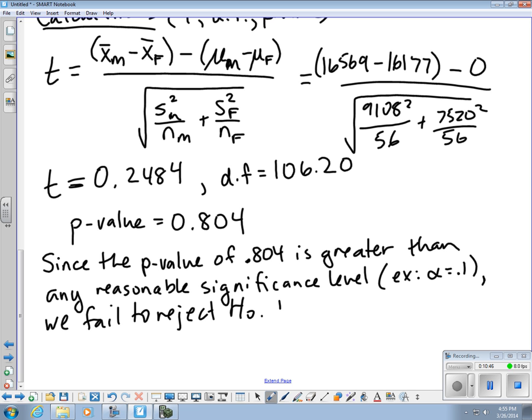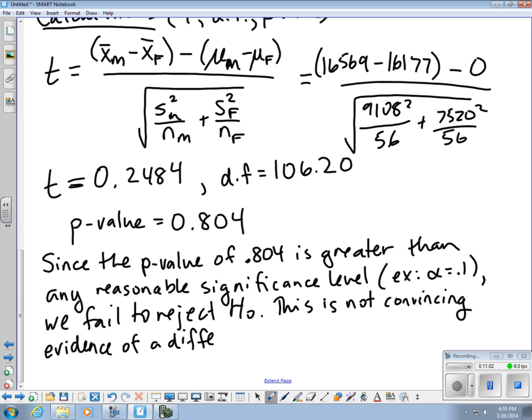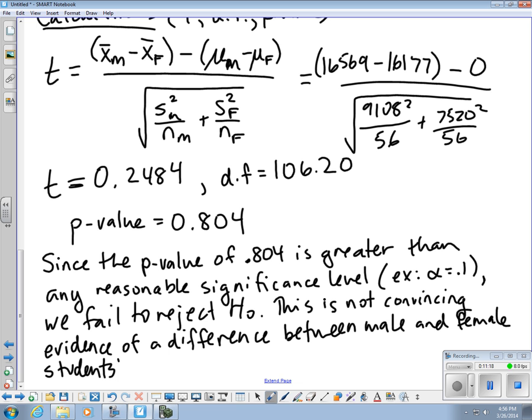So this study is not convincing evidence of a difference between male and female students' average number of words used per day.